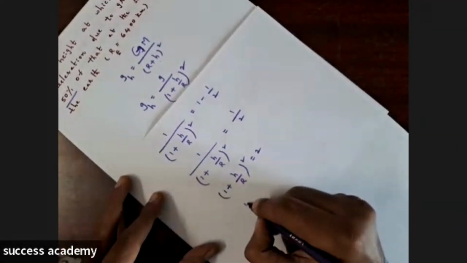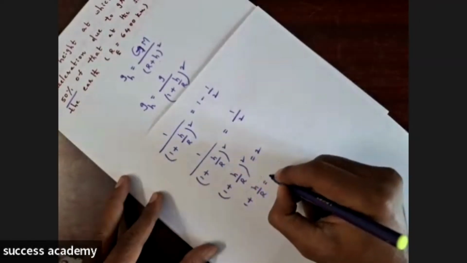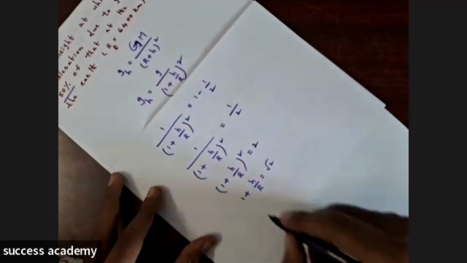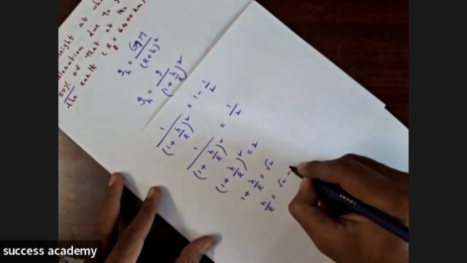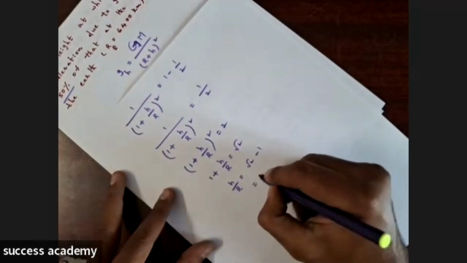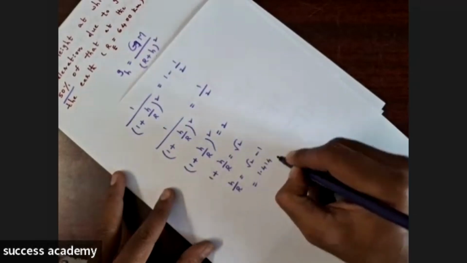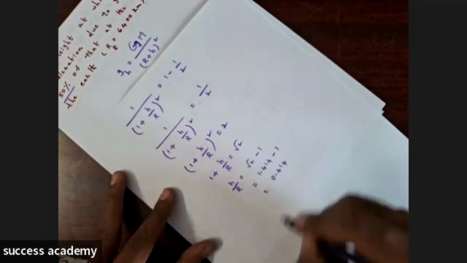Now 1 plus h by R is equal to, remove the square, on that side you will get square root 2. h by R is equal to root 2 minus 1. Root 2 is 1.414, minus 1, that is equal to 0.414.